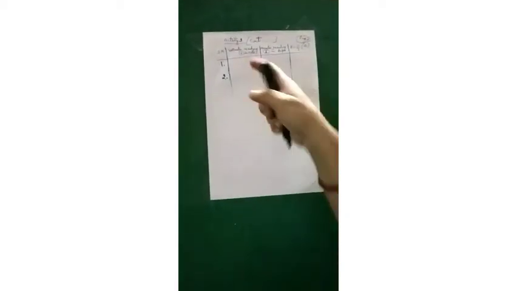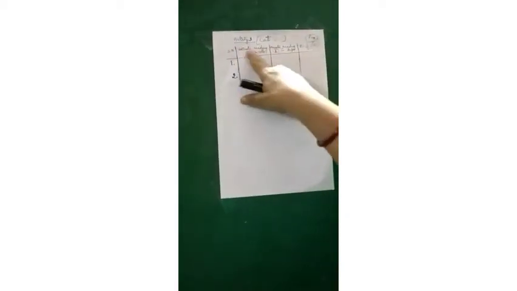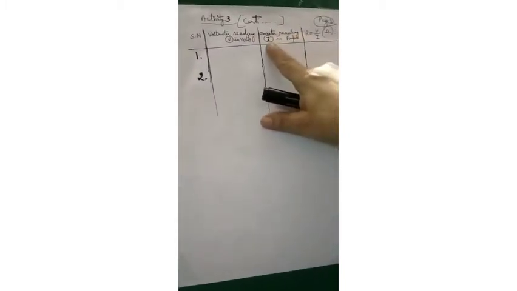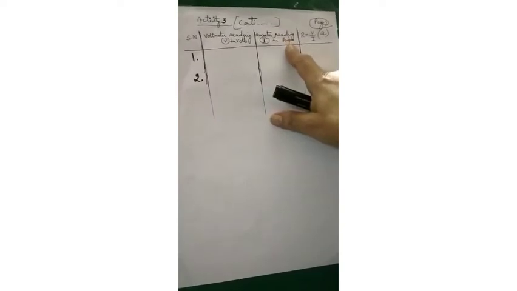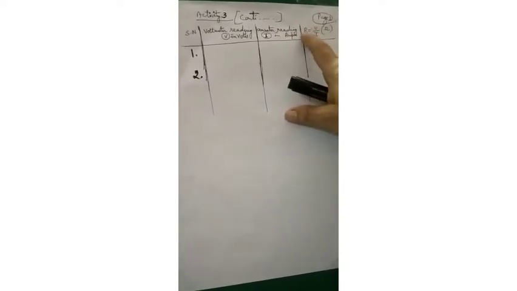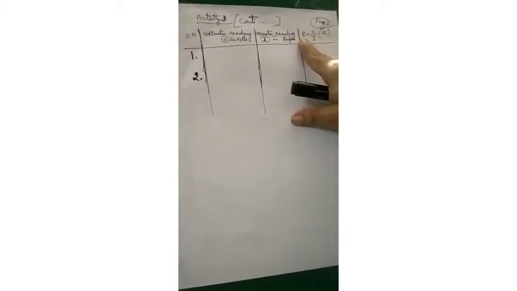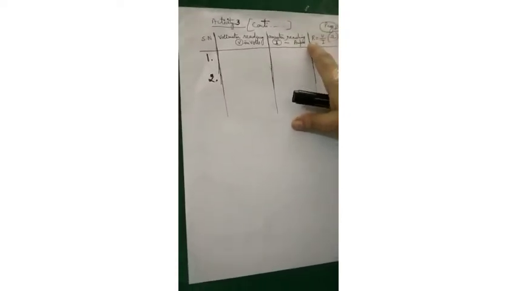For this I have made columns: voltmeter reading V in volts, ammeter reading I in amperes, and resistance R of the alloy wire, the manganese wire, the unknown wire which is connected in parallel to the voltmeter.